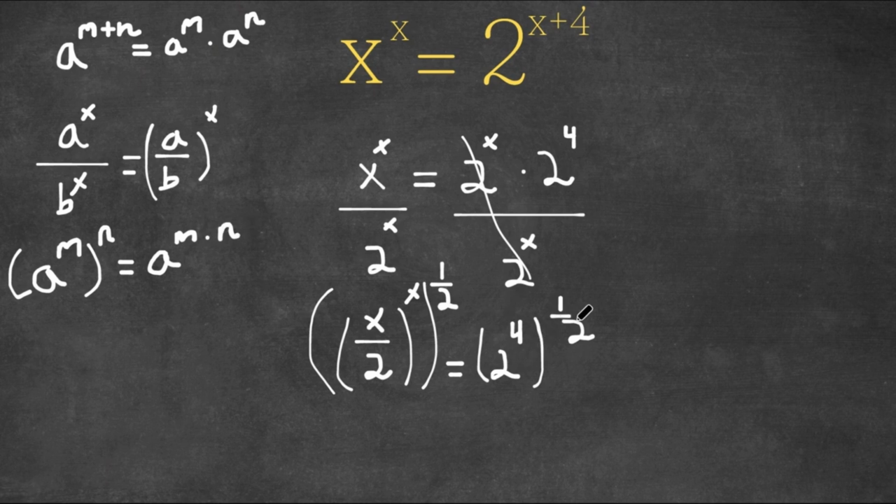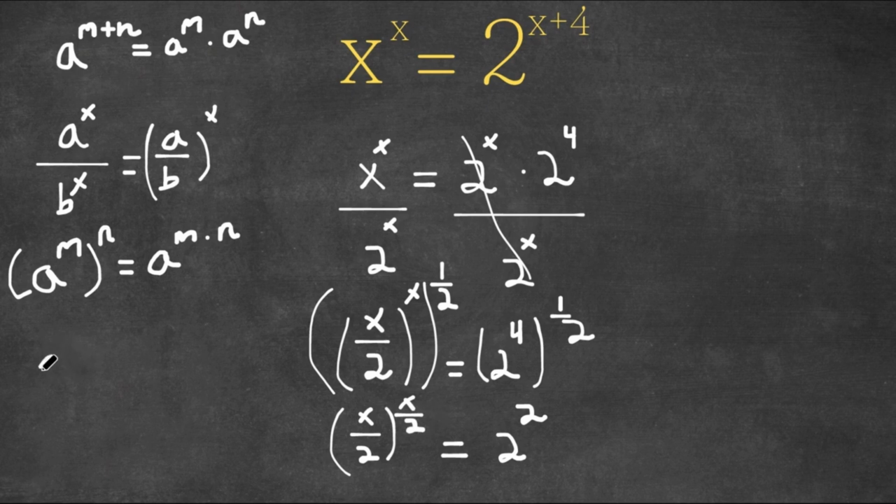So 2 to the power of 4 to the power of 1/2, well, what's 4 times 1/2? 2. So this would be 2 to the power of 2. And for our left side here, x times 1/2 is simply x over 2. So we would have x over 2 to the power of x over 2.